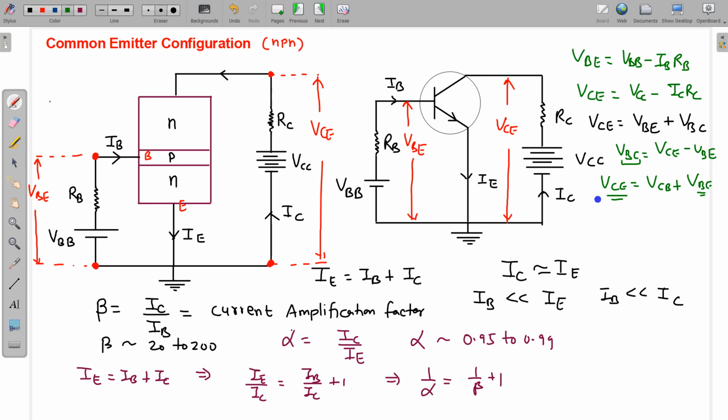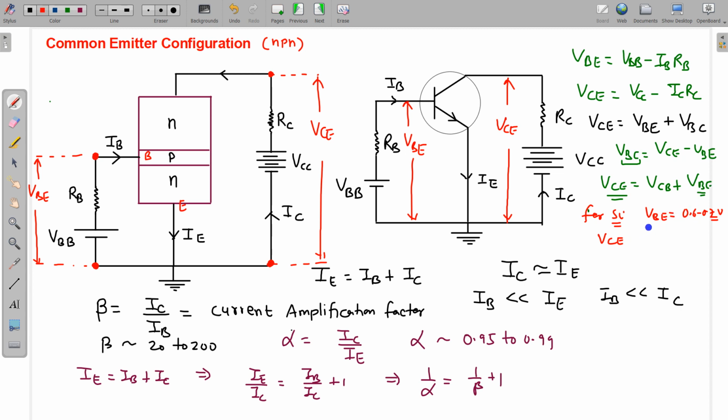We can take some typical value. They say for example for silicon we need VBE equal to 0.6 to 0.7 for proper forward biasing of this junction. So we need VBE like this, and obviously this VCE must be greater than this VBE.